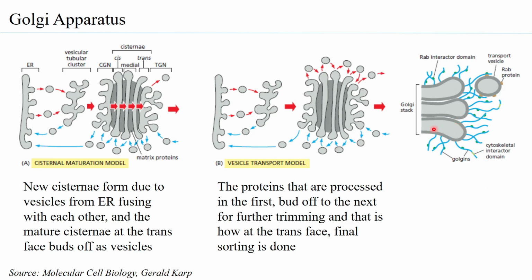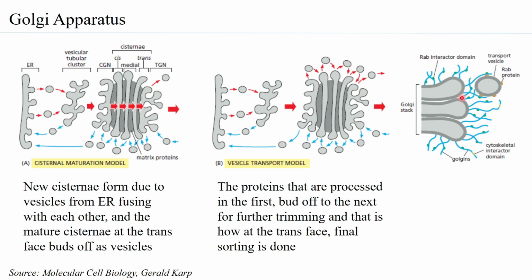Secondly, what has been found is that these molecules present on the surface of the Golgi are able to interact with several regulatory proteins, including RAB protein, which is a GTP binding protein, a G protein. So it can bind to GTP, and we know that when it is bound to GTP, it has a particular function. When GTP is hydrolyzed to GDP, it can have a totally different function. So there is a regulation because of GTP and GTP hydrolysis into GDP.